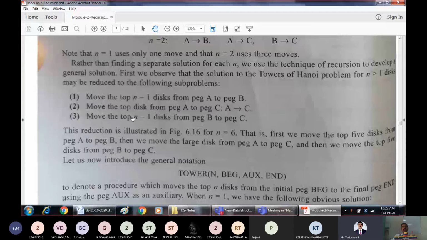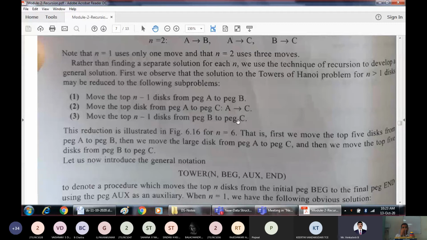What is the next thing? Then take those n minus 1 disks from peg B and move them to peg C. So this is a simple 3-step procedure, but you have to do it recursively without violating the properties.